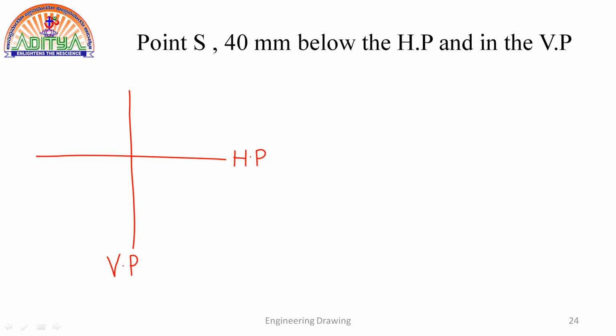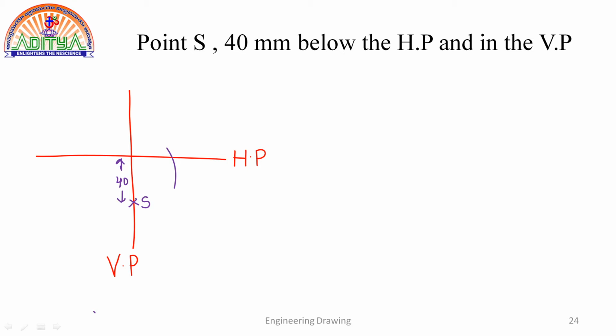So S is a point lying on the VP and 40 mm below the HP. This is the final location.